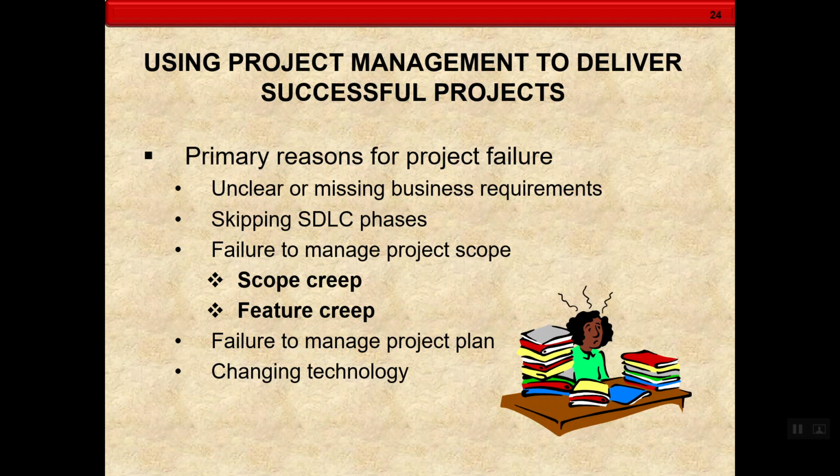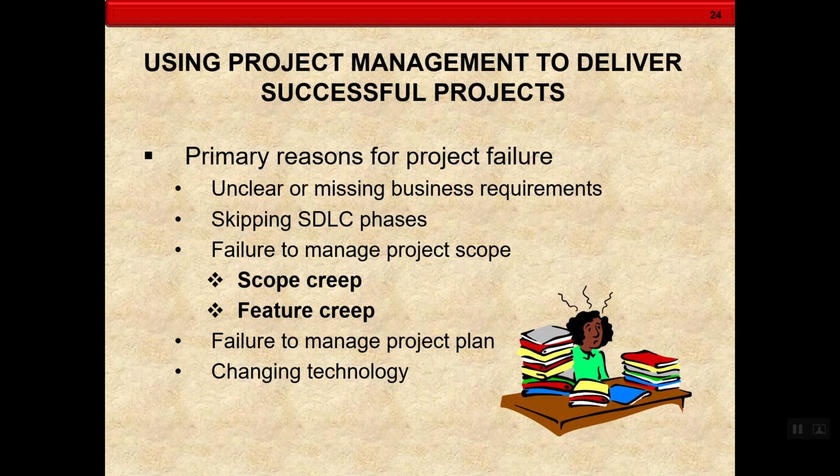And there's been a lot of study around this, and there are certain things that have been seen, like why projects fail. Things like missing business requirements or skipping phases, or a big one, failure to manage project scope. Scope is basically the definition of how much work you're going to do.